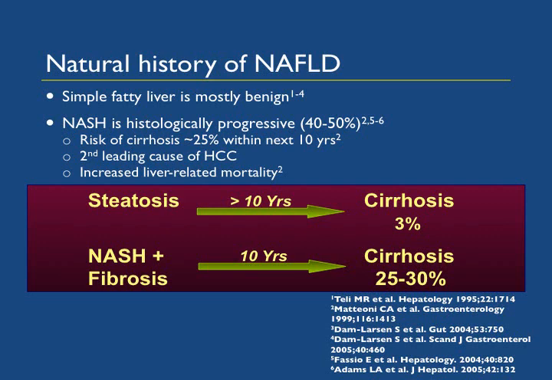And cirrhosis due to NASH has now become the second leading cause of hepatocellular carcinoma, and more importantly is associated with increased liver-related mortality. There's been studies to show that patients with NASH, other than cardiovascular-related mortality, the second leading cause is liver-related mortality.